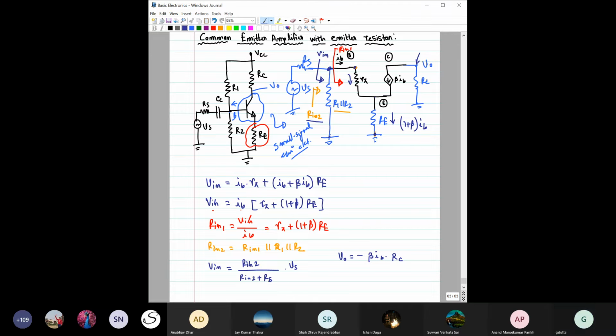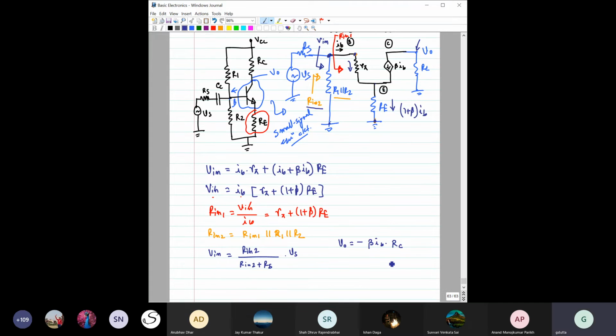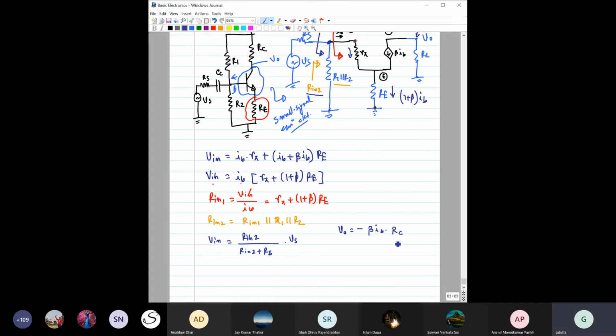Okay. Now, we have to do some manipulation so that we can replace IB with this V in. Because if we are able to replace IB with V in, then in place of V in we can write VS, right?